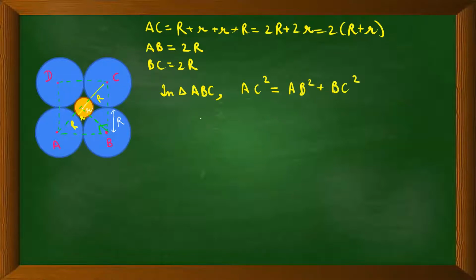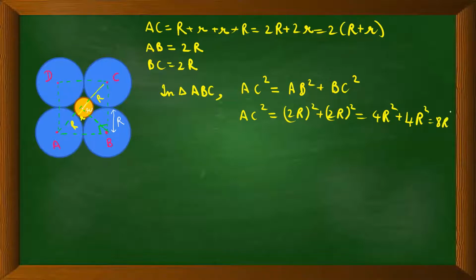By putting these values here, we get AC square is equal to (2R) square plus (2R) square, which is 4R square plus 4R square, and this is equal to 8R square. From here, AC is equal to under root of 8R square, which is root 8 R. Now, what can we write root 8 as? Root 8 can also be written as 2 root 2. So AC is equal to 2 root 2 R.